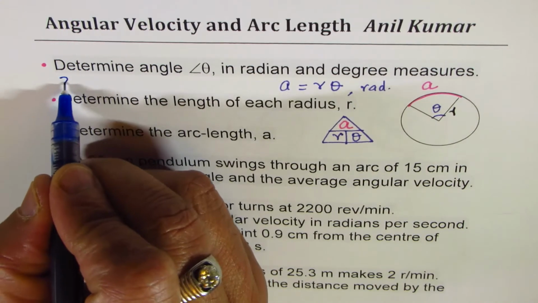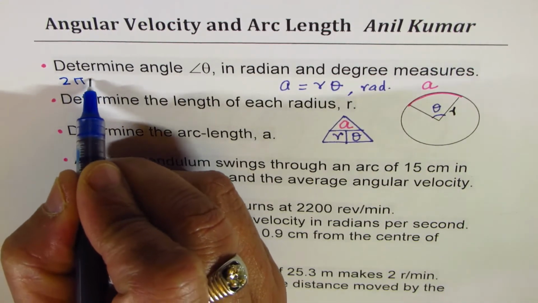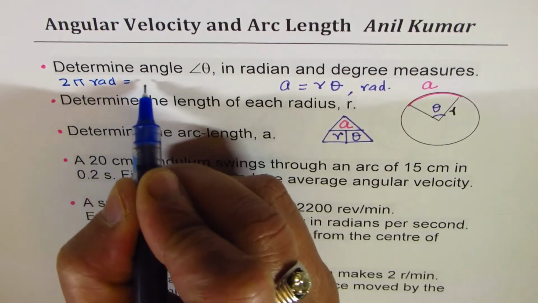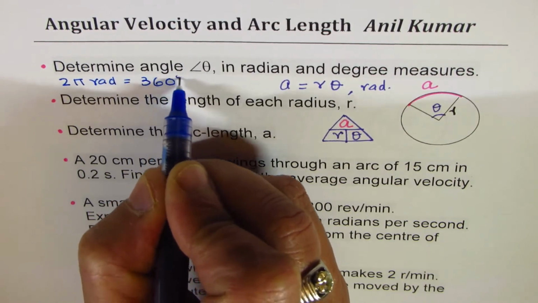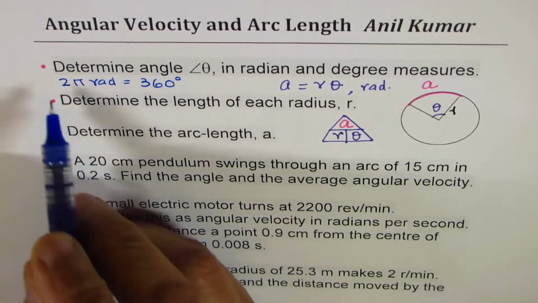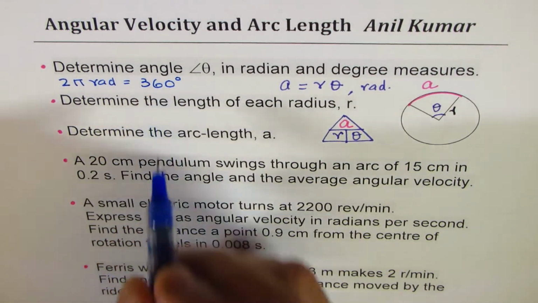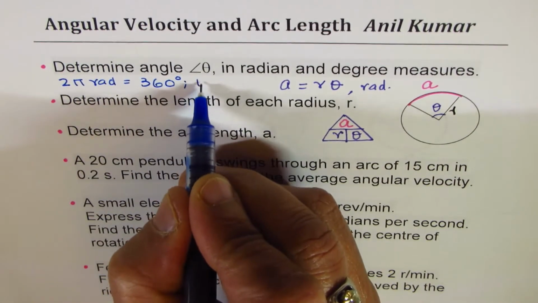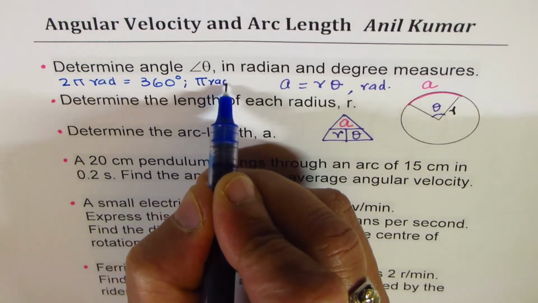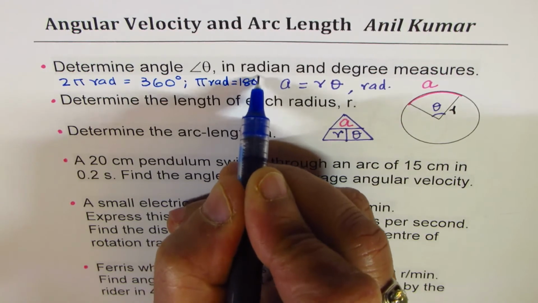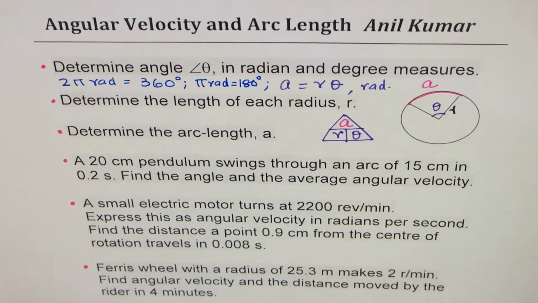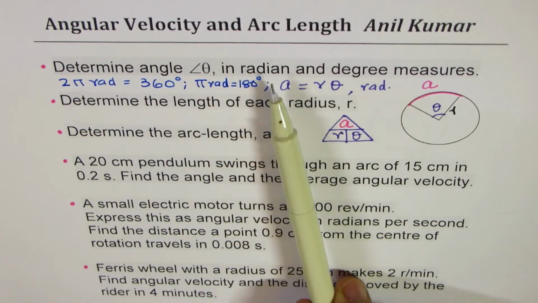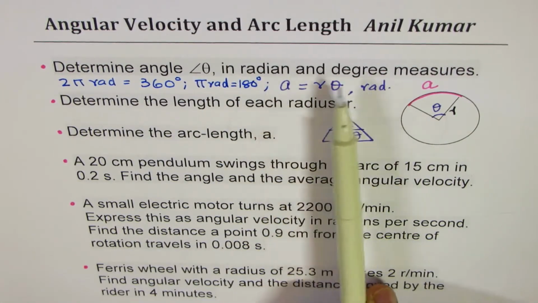Well, you know 2 pi, which is a full circle in radians, is equal to 360 degrees, right? Full circle, 2 pi, 360 degrees, and definitely half of it, that means pi radians, is equal to 180 degrees, correct? So that is the relation which can help you convert from degrees to radians or otherwise.